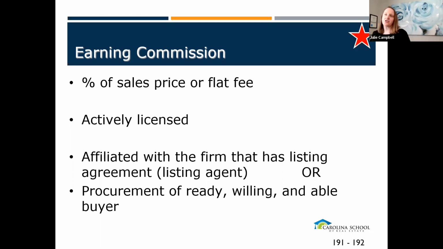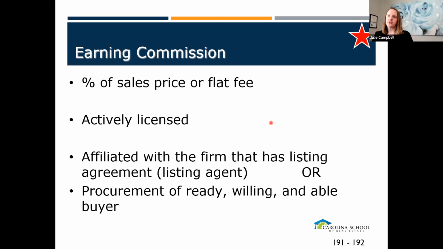The agency relationship is between the client and who? One word answer. The agency relationship is between the client and the... I'm hearing from everybody, and if you don't know, tell me, I don't know.